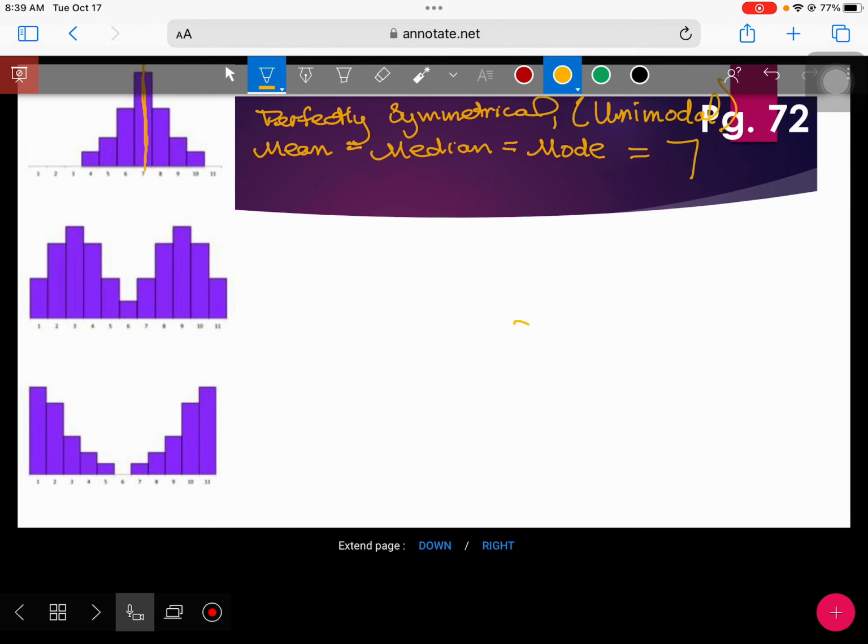All right, let's take a look at the second histogram. Talk to me about this histogram. It is symmetrical. Is it perfectly symmetrical? Yes, it is. So again, this is perfectly symmetrical. What else do you notice? Somebody else.